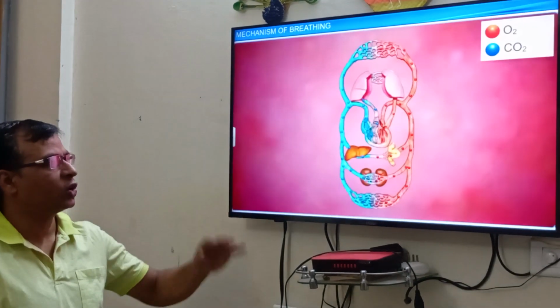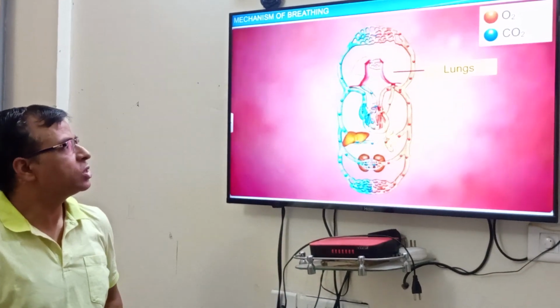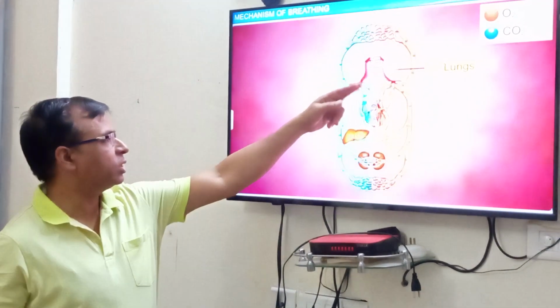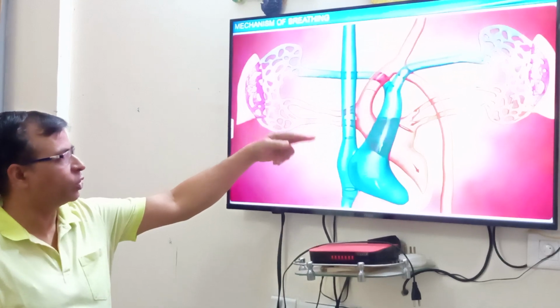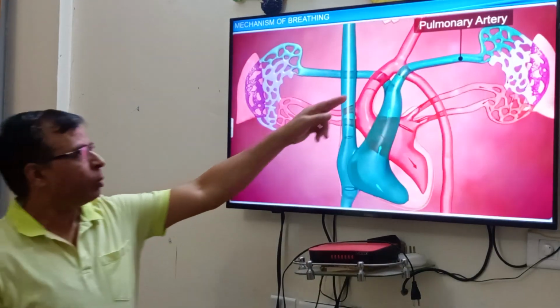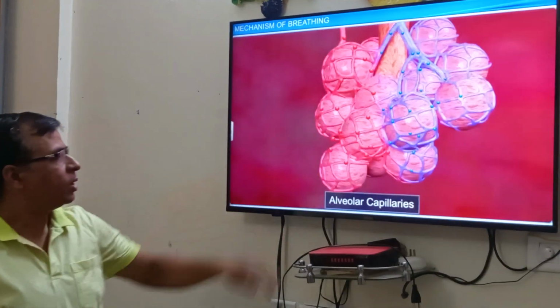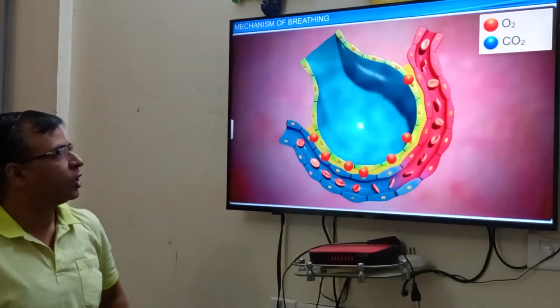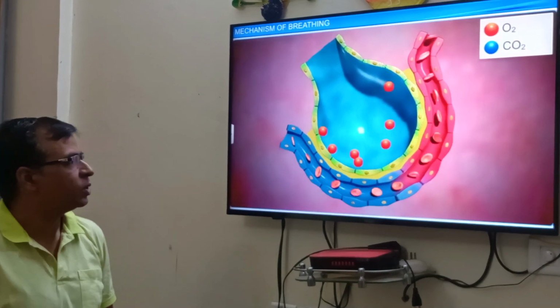So it varies according to the thickness of the diffusion membrane, and this is the lungs. We can see the double circulation inside the body, or gas transport, in which the pulmonary artery and arterioles carry blood to the alveolar capillaries, and this is the alveoli.